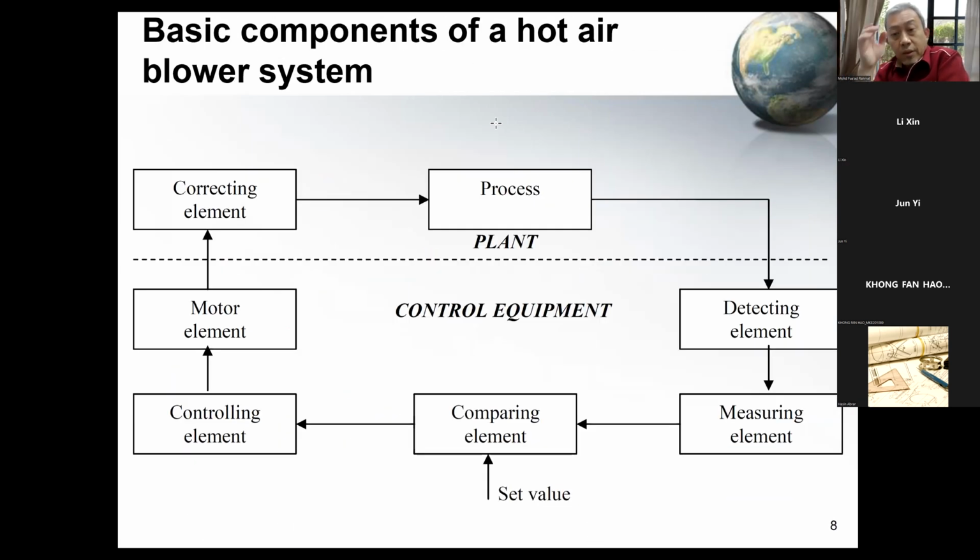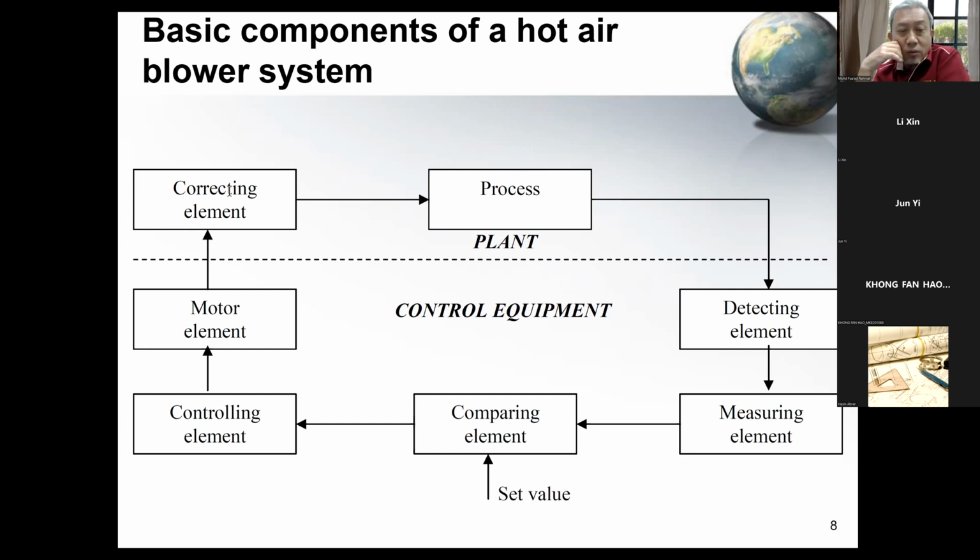Sorry. So the hot air blower system is equipment that consists of several items. The hot air itself is the process, and the correcting element is the heater. The fan is the motor element that rotates and blows the hot air.